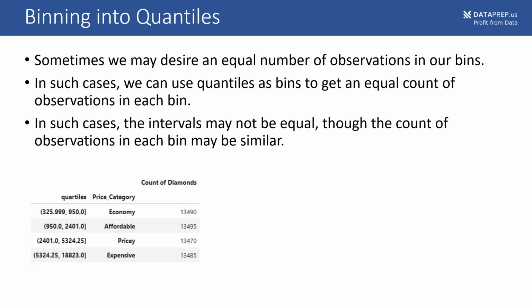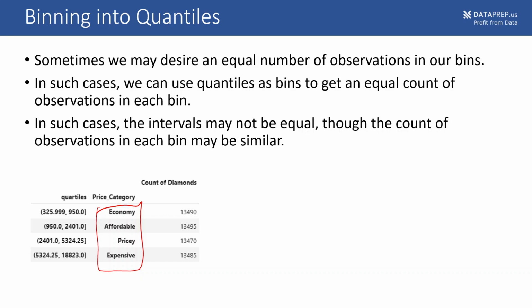So for our diamonds data set, if I were to say, look at the price of the diamond and categorize each observation as belonging to one of four categories: economy, affordable, pricey, and expensive, and do so in such a way that I don't tell you what the thresholds should be, but determine them yourself based upon the quartiles.